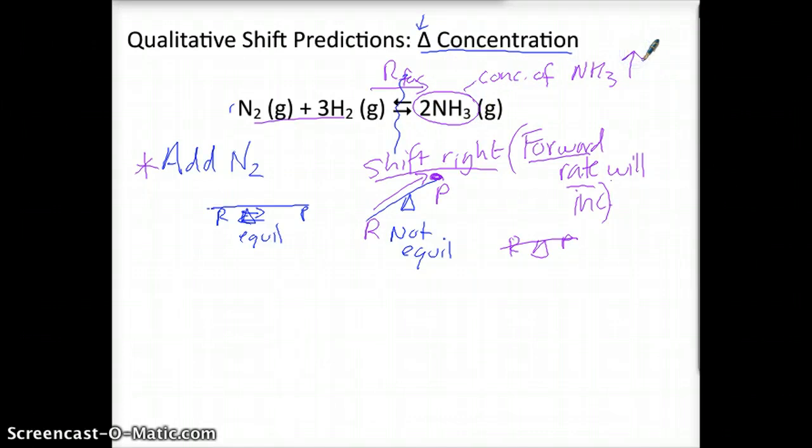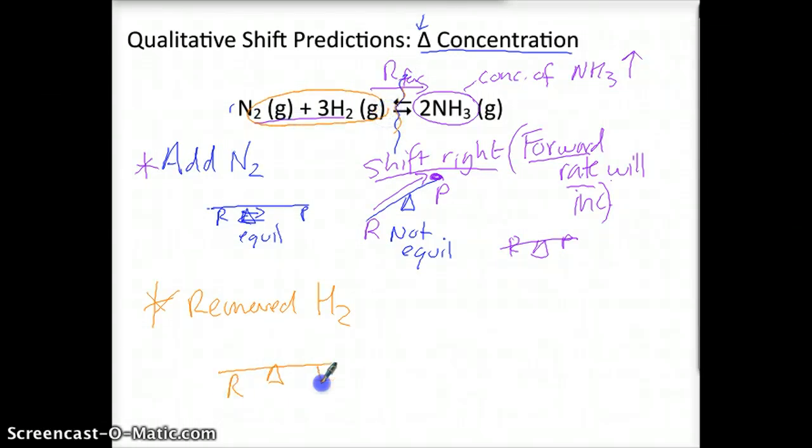In addition to adding a compound, we could also remove a compound. So let's say we removed some H2. If we remove some H2, and this is a place where students get tripped up a lot. We're at equilibrium, now we remove H2. H2 is on the reactant side. So I have less H2. So my reactant side is now going to be lighter. I have less of it.